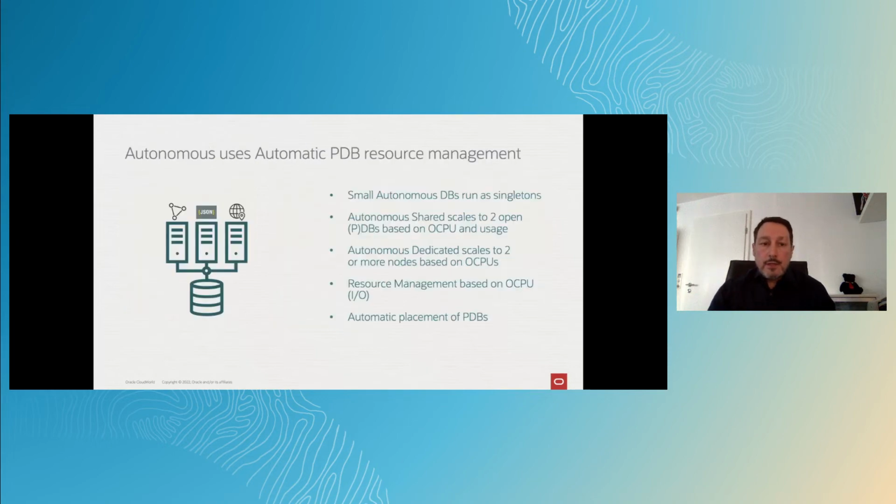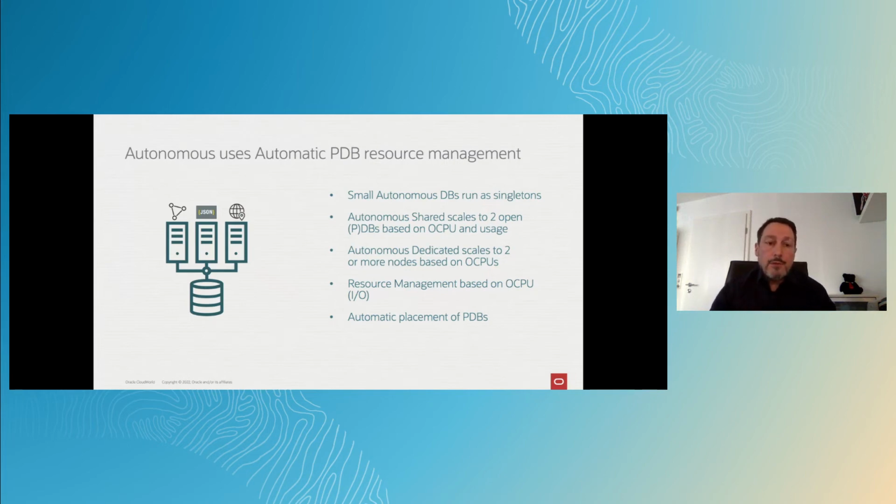What is really interesting if you look at autonomous is that you can see the technology which we essentially introduced with 23C a little bit in action already on autonomous, because autonomous is doing something similar. It does not use the same mechanism we have today with the automatic placement, which I presented, but it's working in a similar fashion. So there, if you are starting an autonomous database as a small database, we already started as a singleton, so only run it on a single node.